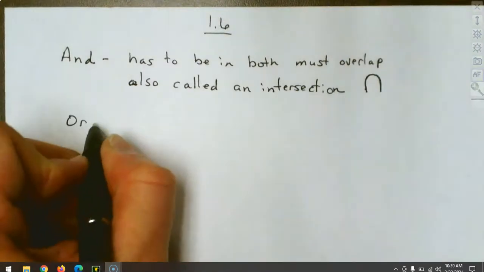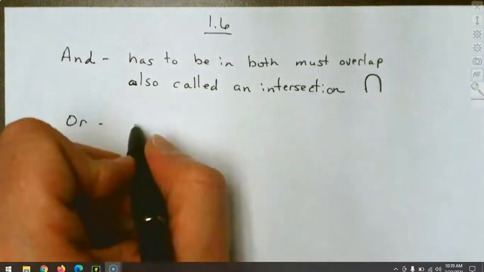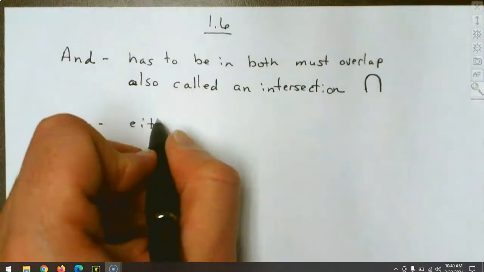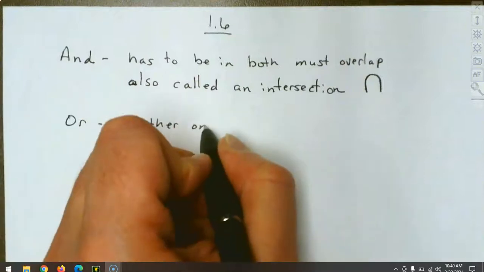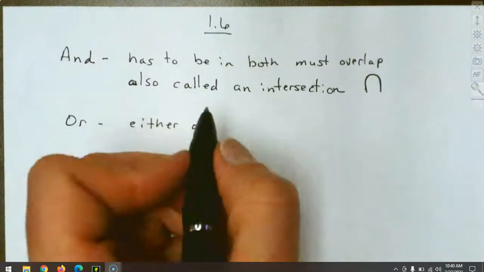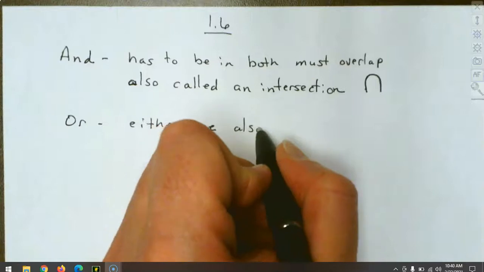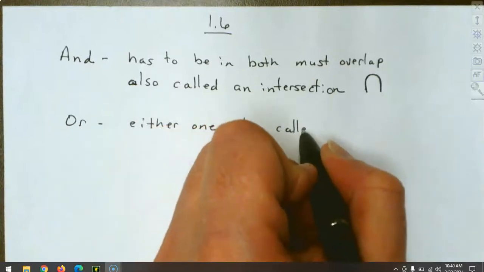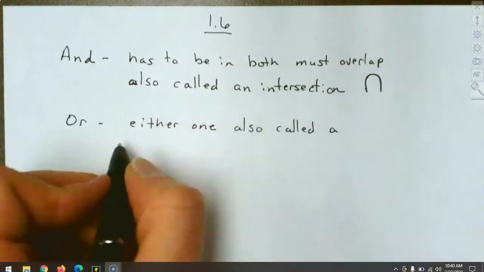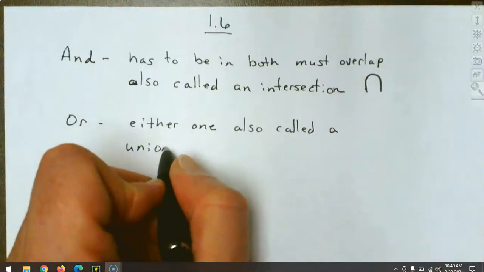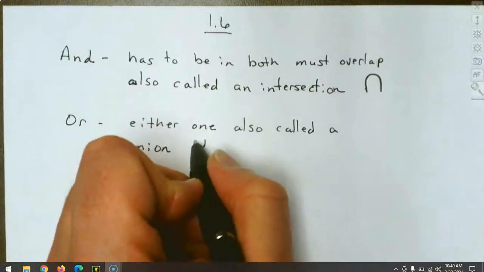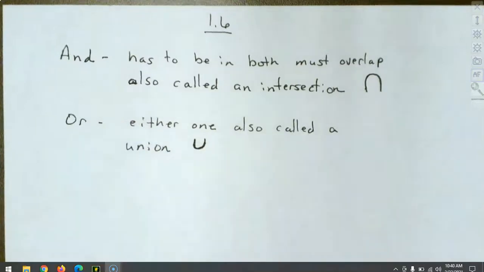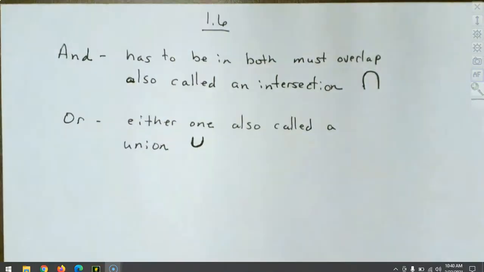Or, on the other hand, is either one. And it's also called a union. And we represent an or with a right side up U. And if we think about it, a union is like a marriage.